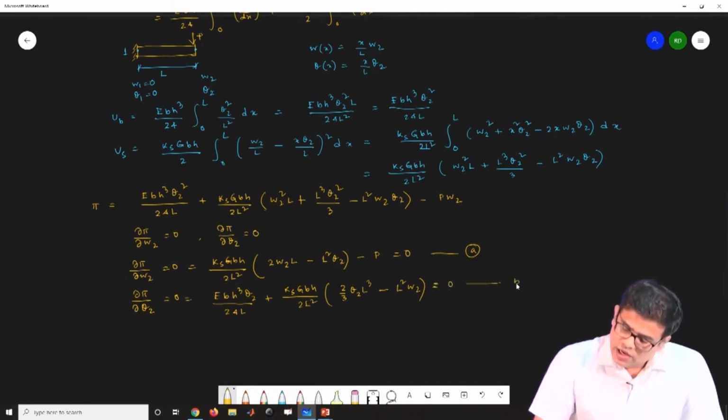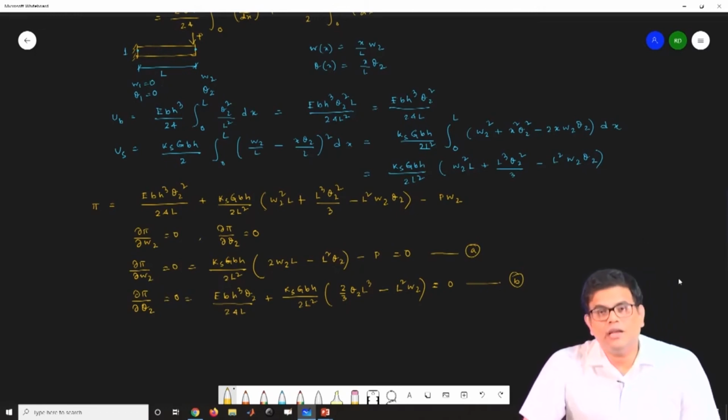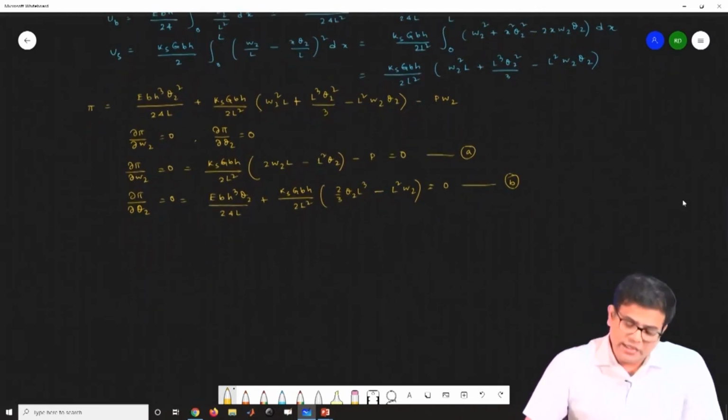So this is the second equation, equation B. Solving these two equations, I can easily find out what my W2 is.